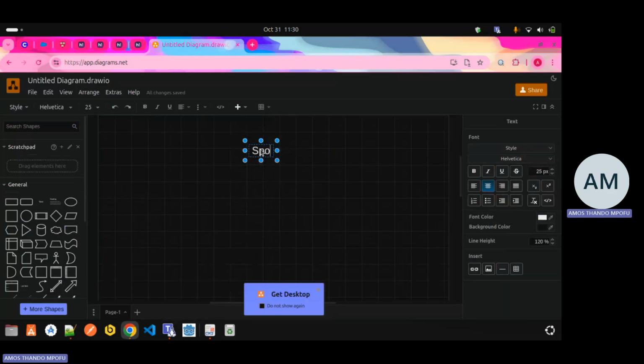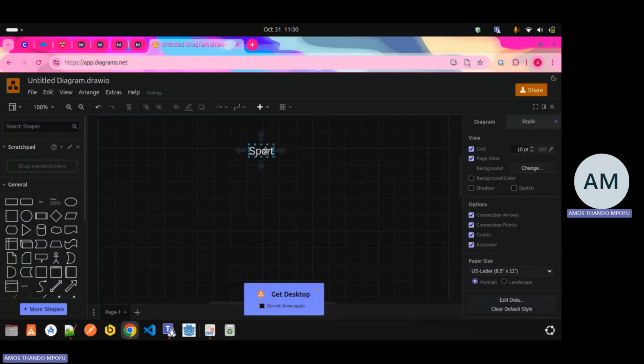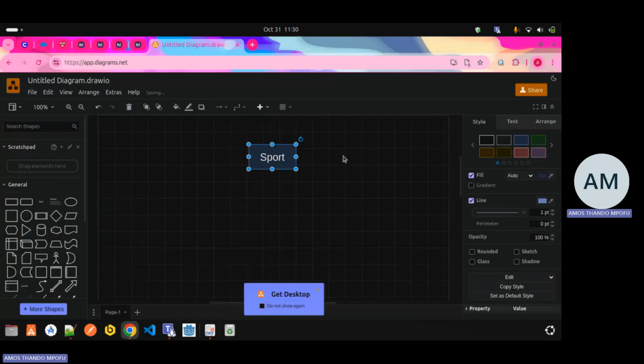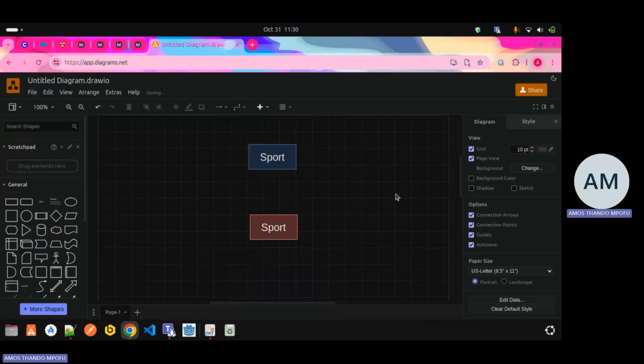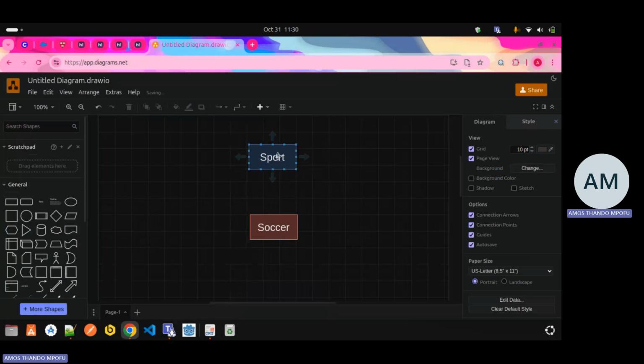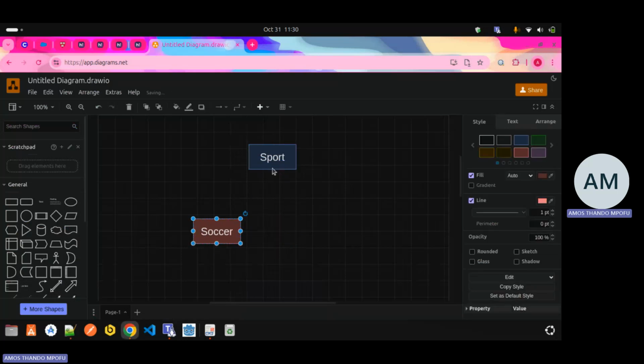So I'm going to have sport, right? That's my base class. Sport is my base class, and then I'm just going to style it, give it a nice cute color. So this would be soccer, right? And remember the family tree, it goes downwards, right?